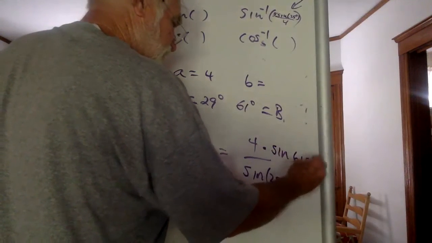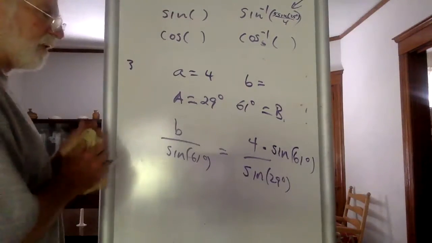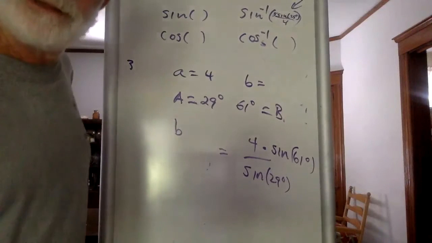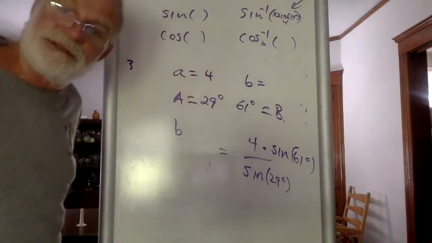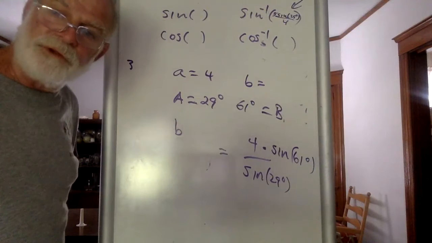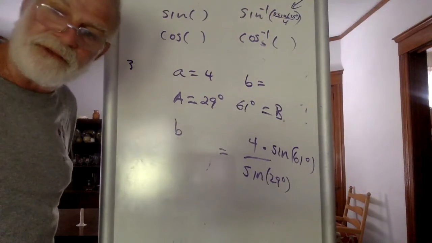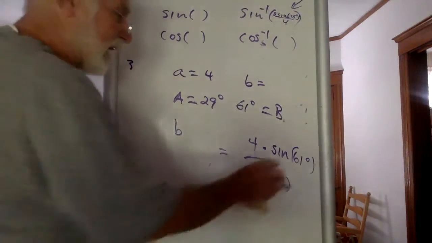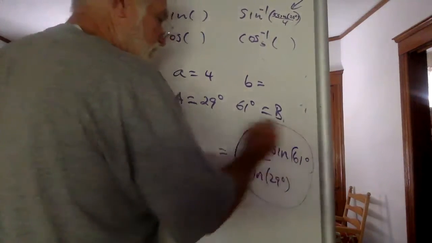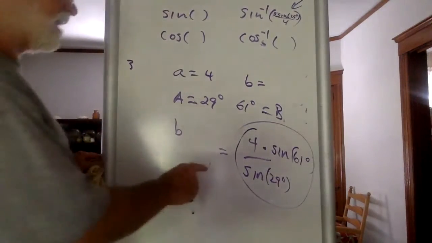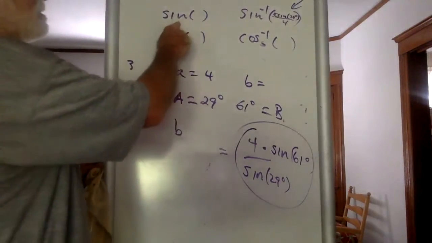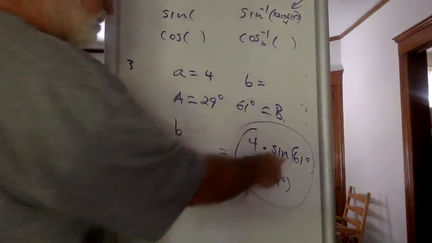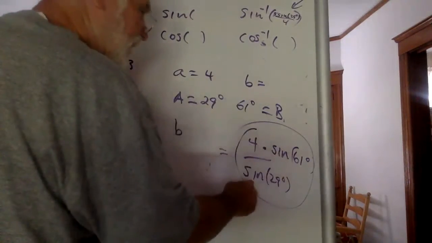It's that simple. You should have a little feel for the decimal of the sine of 61. It's pretty close to the sine of 60, isn't it? You should be able to visualize the sine of 60 in the first quadrant, root 3 over 2, and you should immediately know that's about 0.87. And this is about 0.5. So what do we have over here? We have a ratio, right? And where did we get it from? This language, the angles.